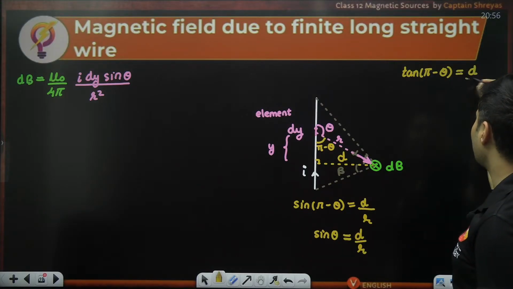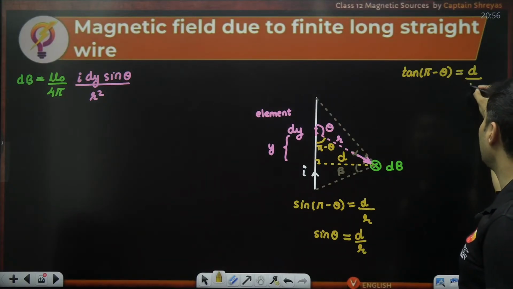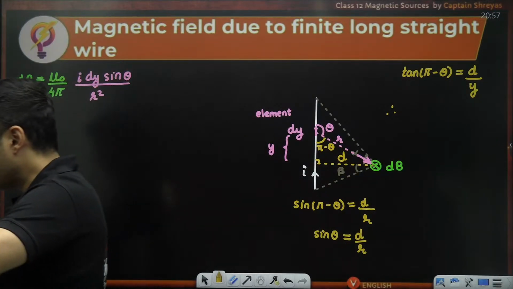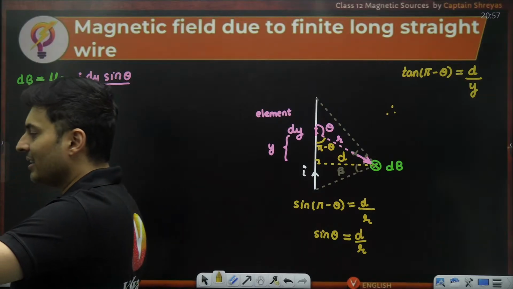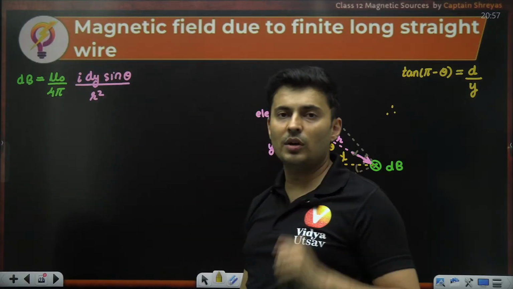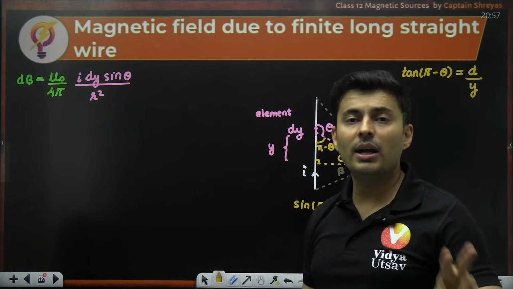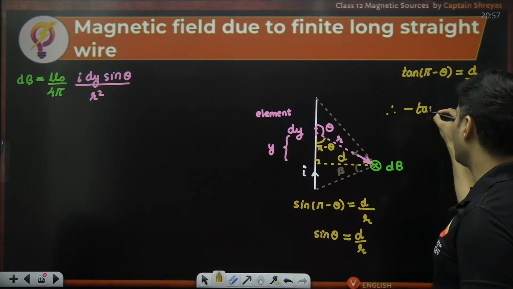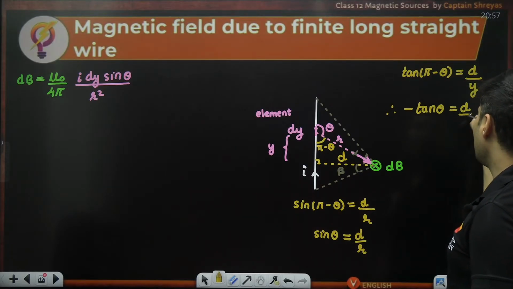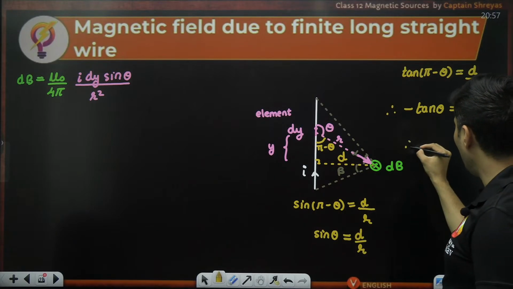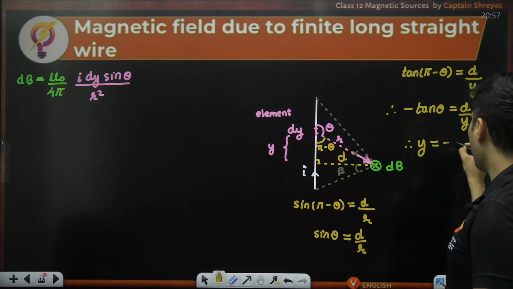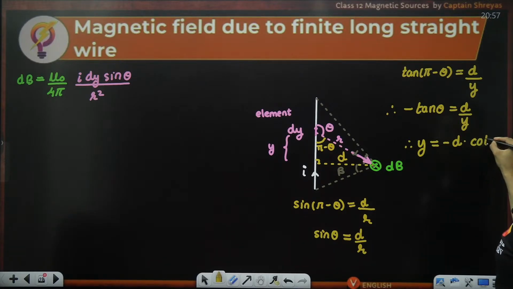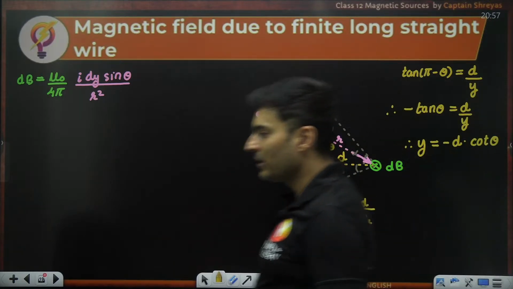Opposite side is d, adjacent side is y. What is tan of pi minus theta, my dear warriors? It will be tan theta, but with plus or minus sign. Second quadrant we are talking about, tan is negative. So minus tan theta is nothing but d by y. So from this you will get y is equal to minus d into 1 by tan theta, which is nothing but cot of theta. Everybody with me?